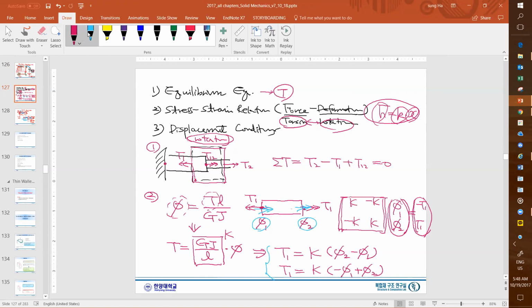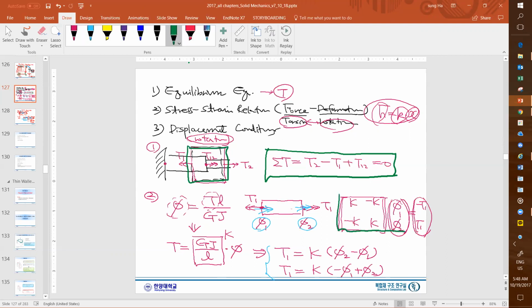So here, this one is the equilibrium equation applied at these junctions, right? And this torsion-rotation relation is as in the second step.